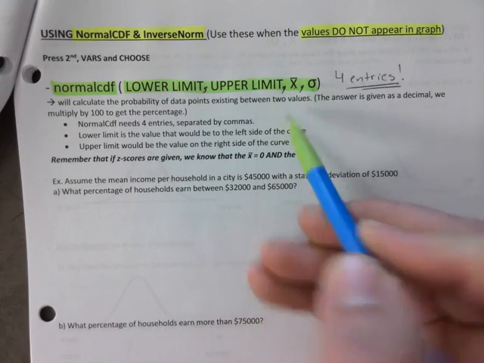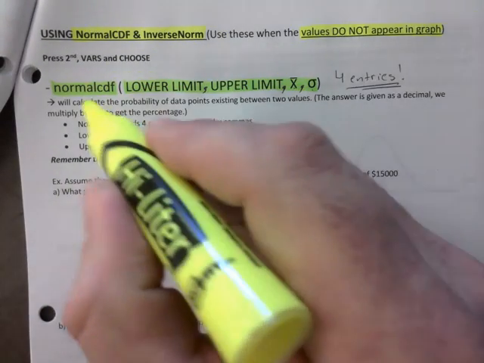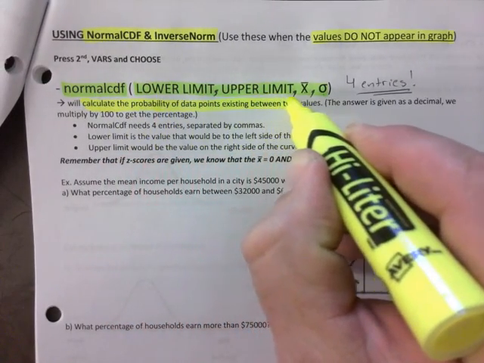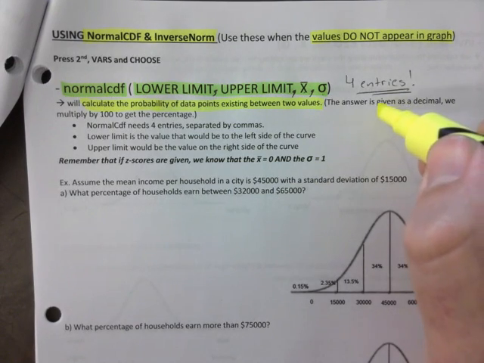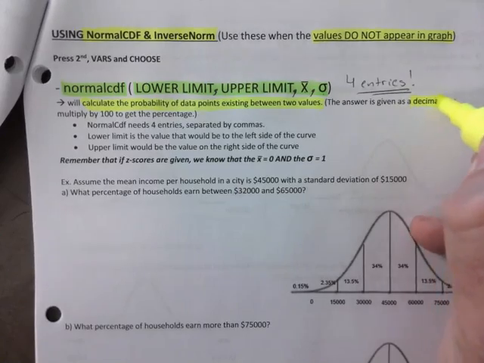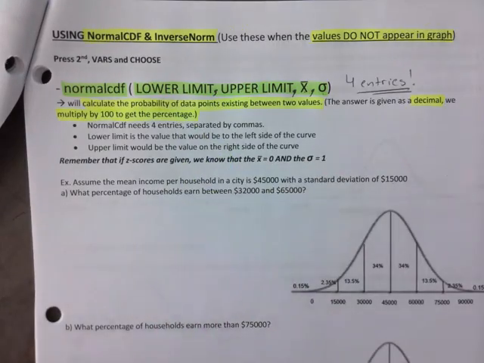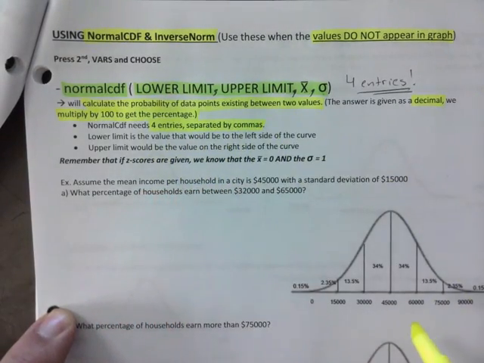Always. What does it do? It will calculate the probability of data points existing between the 2 values. The answer is given as a decimal, so we multiply by 100 to get the percentage. We need 4 entries separated by commas.